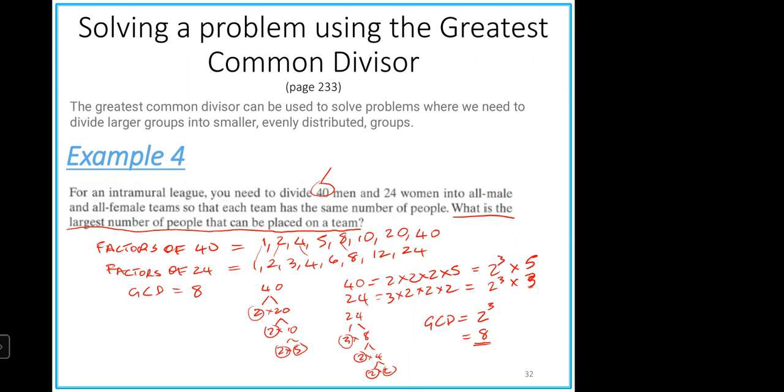So the answer they're looking for is 8. But sometimes the question may ask how many male teams and how many female teams. Then you would say you'd have 5 male teams with 8 members each and 3 female teams with 8 members each, to give you equal sets of teams.